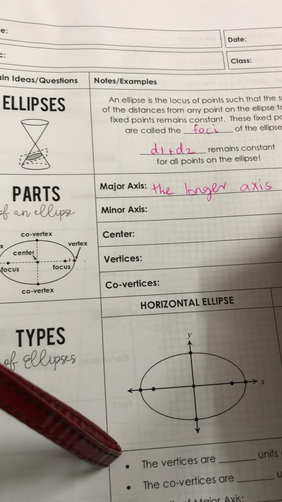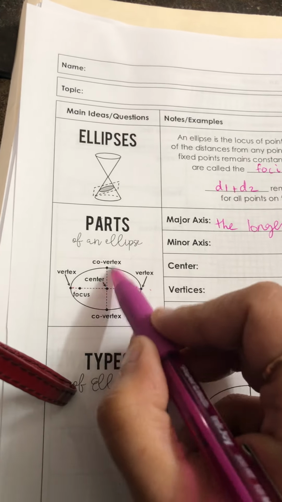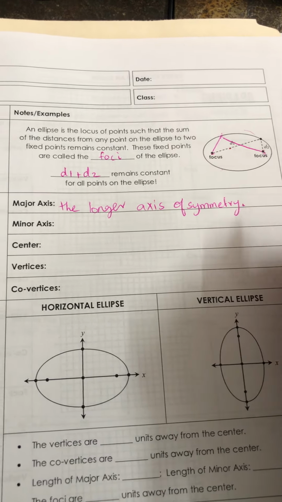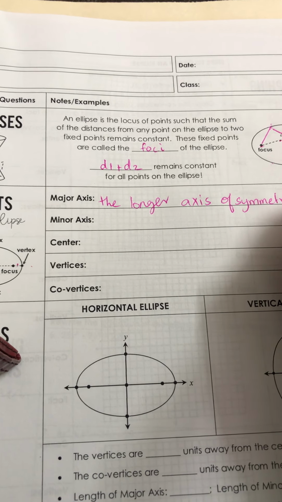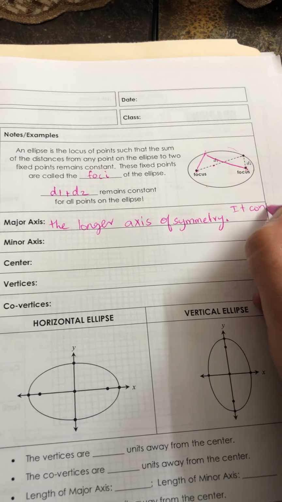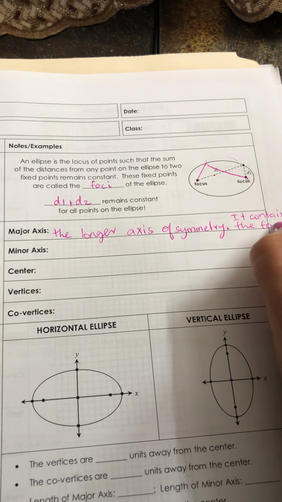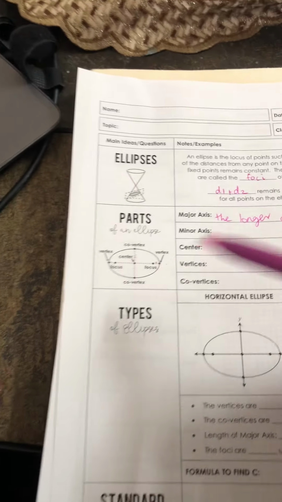Why is it called symmetry? Because it is symmetrical on both sides. The longer axis always contains the foci.